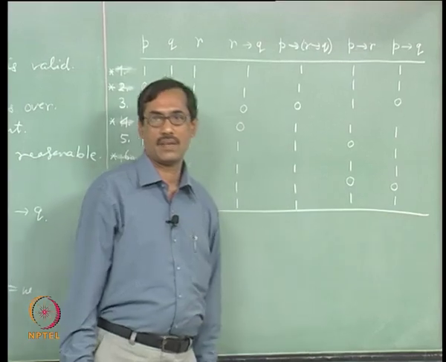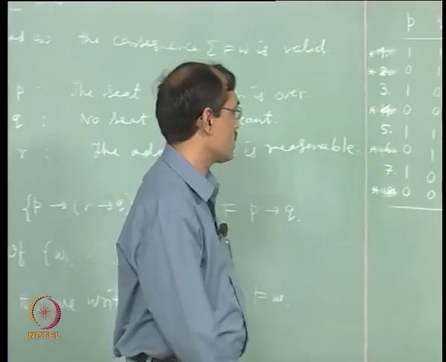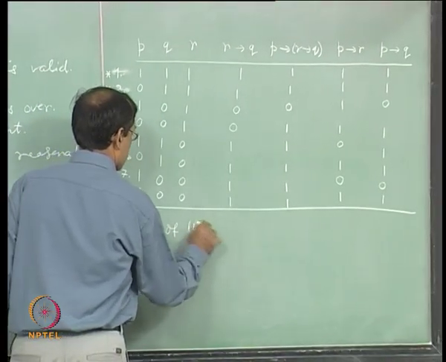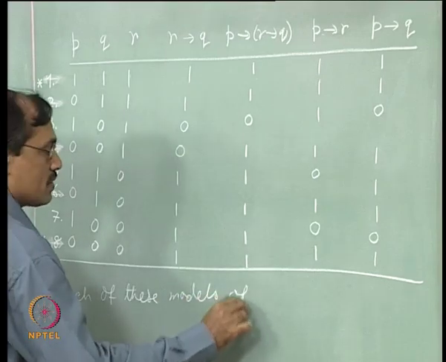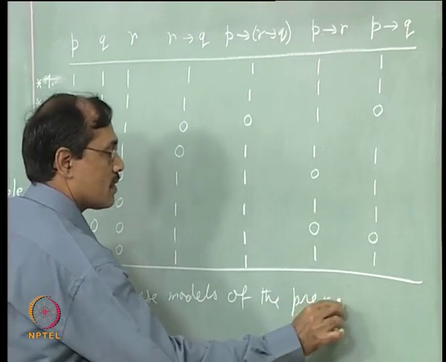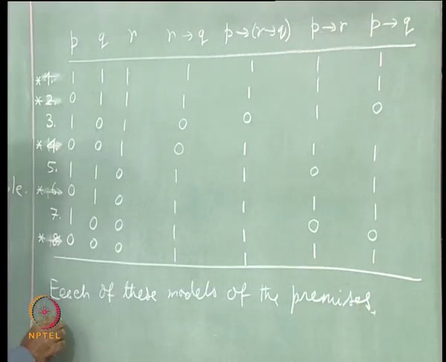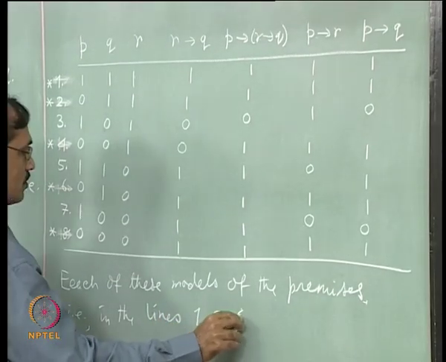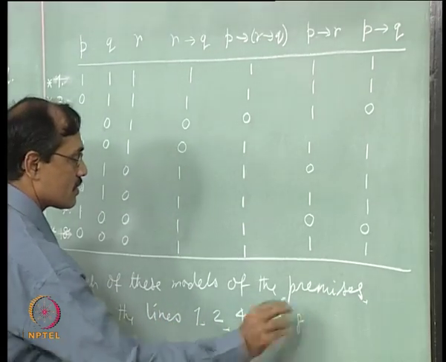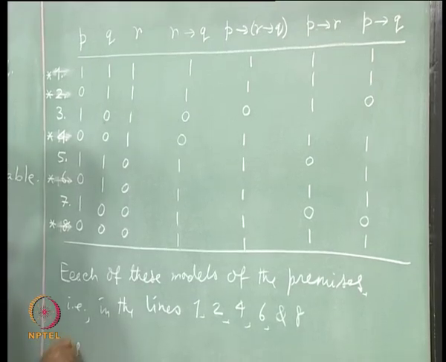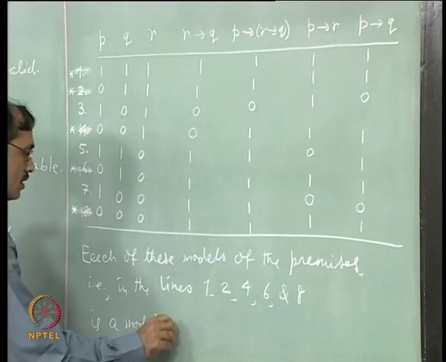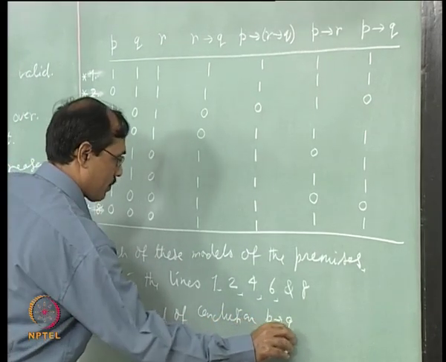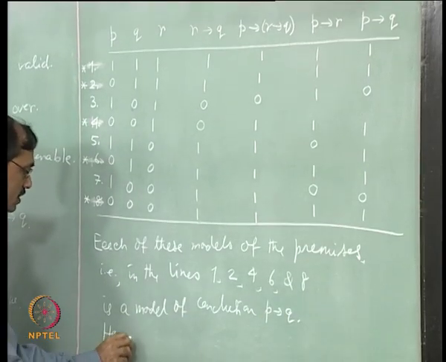So, the requirement is satisfied, right. So, each of the models of the premises, that is in the lines 1, 2, 4, 6 and 8, is a model of the conclusion. Hence, the consequence is valid.